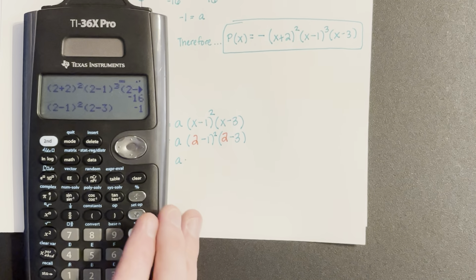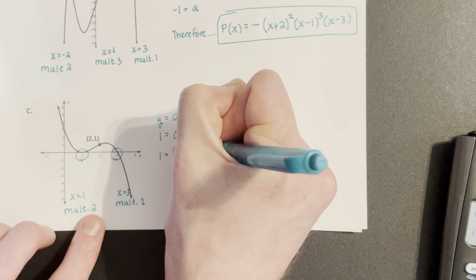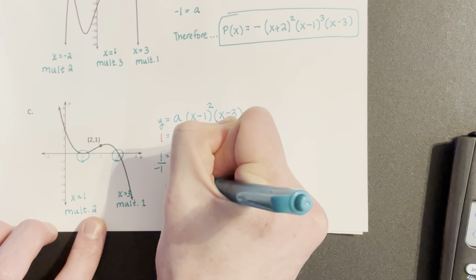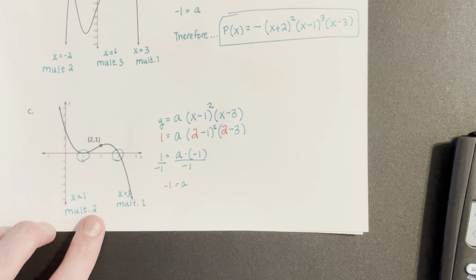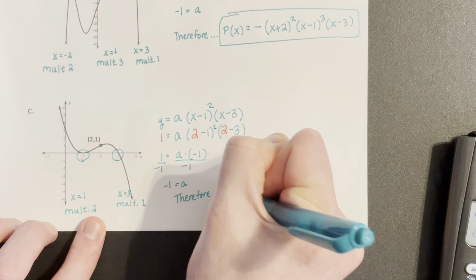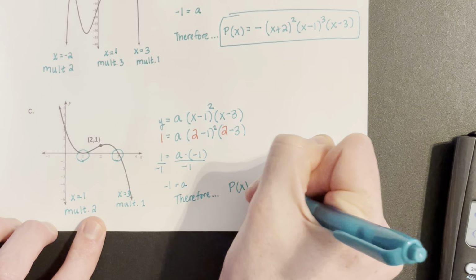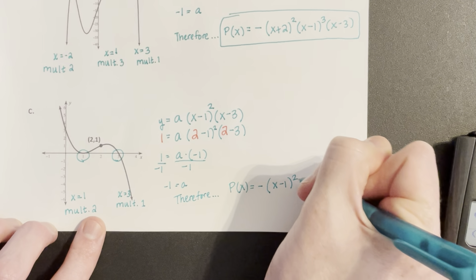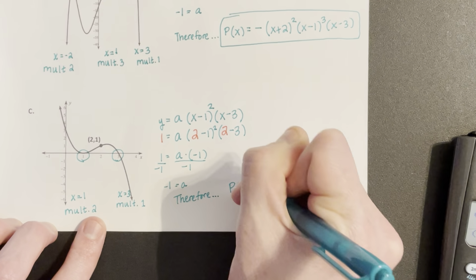You see you get -1 still. Again, it's multiplication, so make sure you're dividing by -1. I get a is -1. So therefore, p of x equals negative (x minus 1) squared (x minus 3).